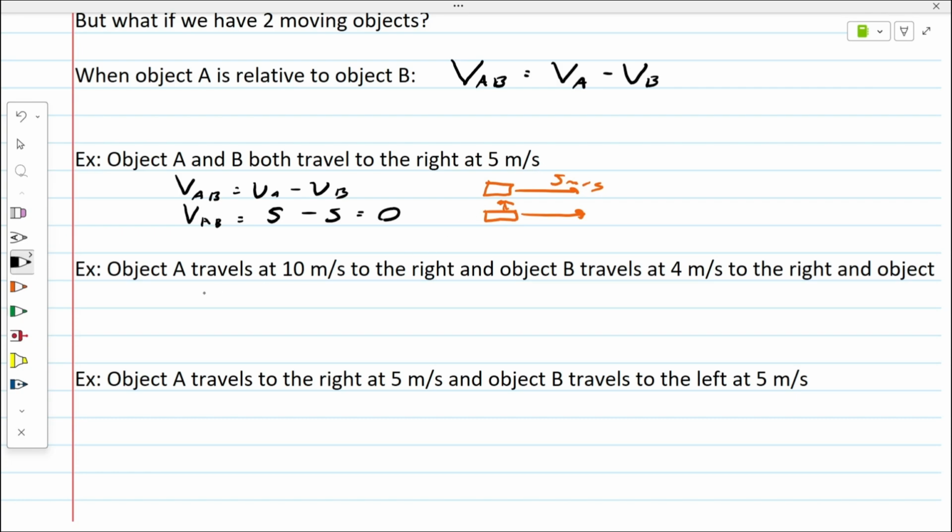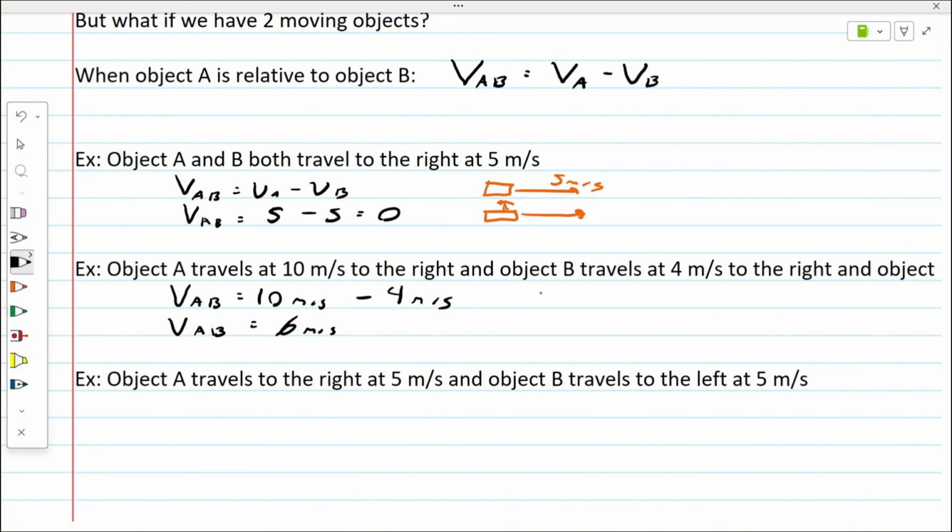Now let's say object A travels 10 meters per second to the right and object B travels 4 meters per second to the right. Well, if we write our equation now, velocity A is 10 meters per second to the right, while velocity B is only 4 meters per second to the right. So this relative velocity from A's perspective will be 6 meters per second.